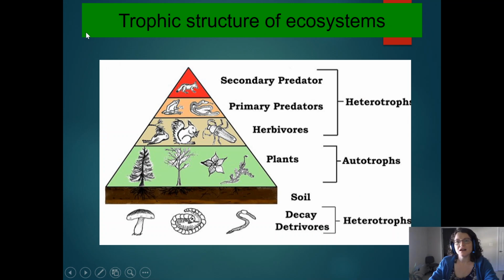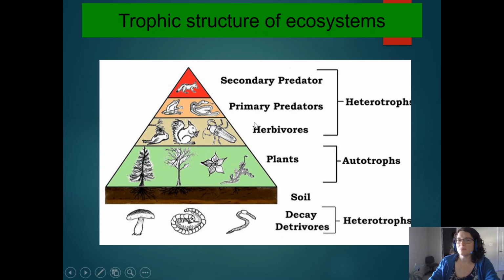This can be shown in this triangle. So I'm going to explain why it's a triangle, but it does actually go. So there's this many plants. 1/10 of that biomass would be herbivores. 1/10 of that biomass would be primary predators, and then 1/10 is secondary predators.